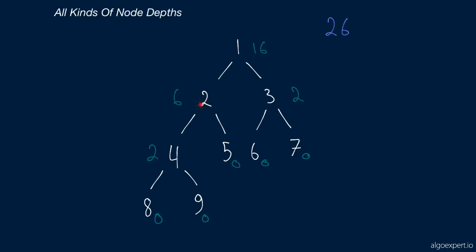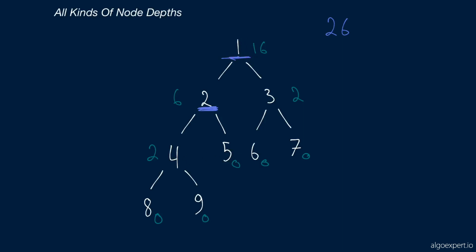But the depth of the node with value 2 relative to the binary tree rooted at 2 is 0, because 2 is at the same level. So basically, if we're looking at the binary tree that's rooted at 1 and the binary tree that's rooted at 2, the depth of the node with value 2 relative to these two binary trees differs by 1. It gets incremented by 1 if we look at the binary tree rooted at 1.